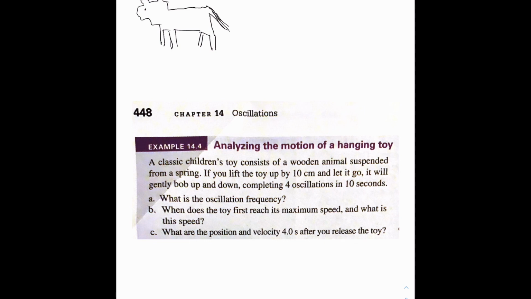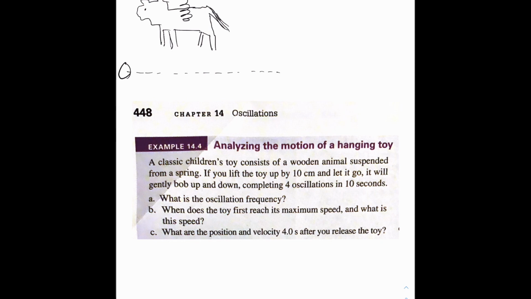All right, so this toy is oscillating about equilibrium. So how are we going to draw that? Let's see. This toy is just so good. So we're thinking something like this. We got the spring right here, and we lifted it 10 centimeters up, so maybe it started right here. And this is going to be 0.